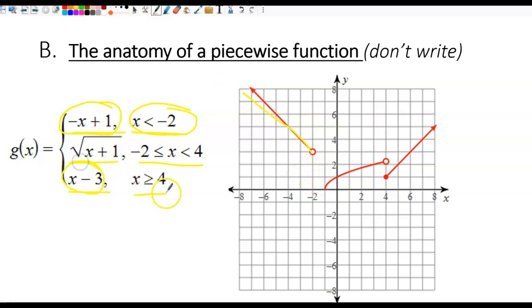This one, x minus 3, exists for anything where x is greater than 4. So from 4 and to the right. And this one is the middle function between -2 and 4, which is this one here. So that's the anatomy of a piecewise function. It tells you what the equations of each piece are and on what interval each piece exists.